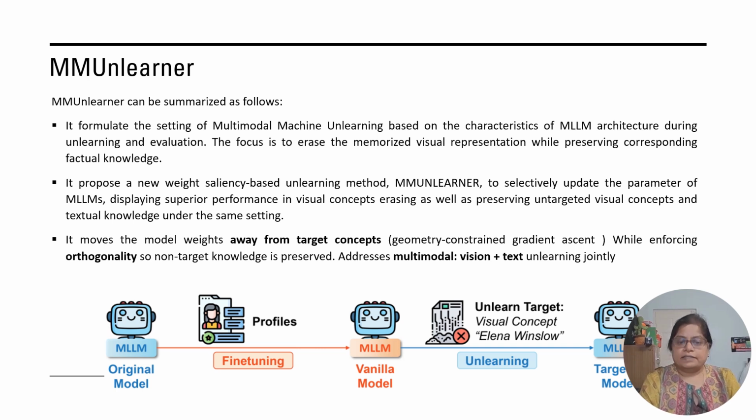It adds a weight saliency to the parameters to focus on the specific data that needs to be unlearned without impacting the visual context which needs to be retained. In this case, you will see that it improves the performance and focuses on the dataset that needs to be unlearned.